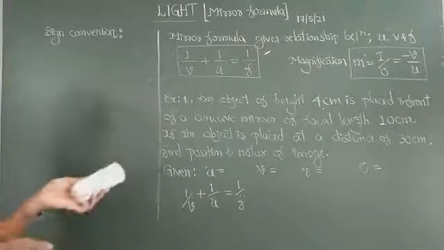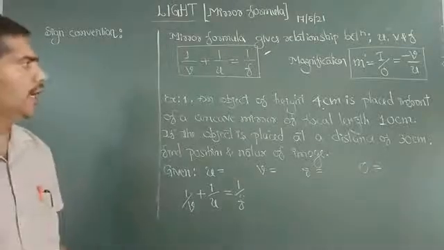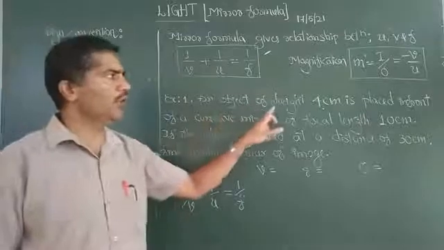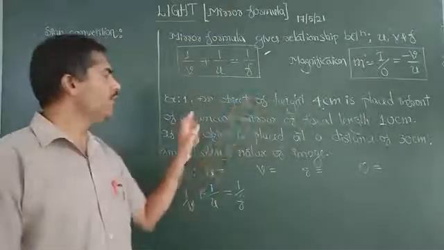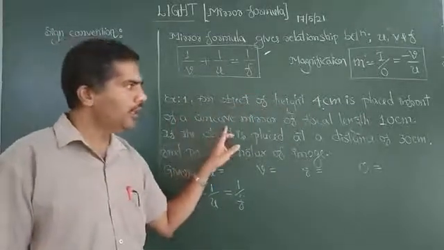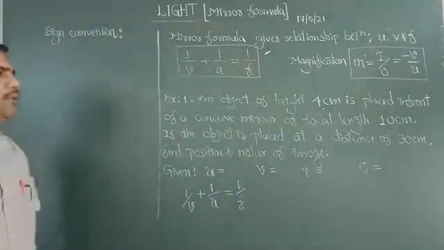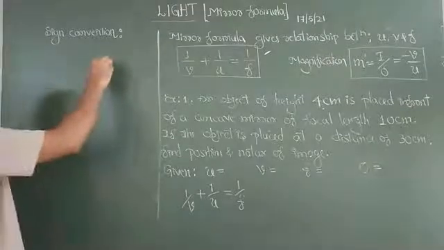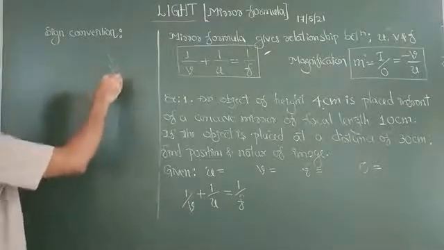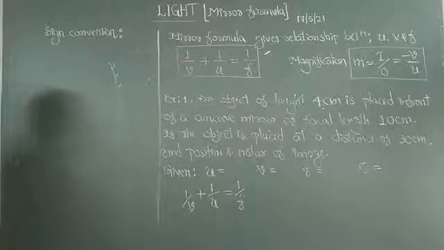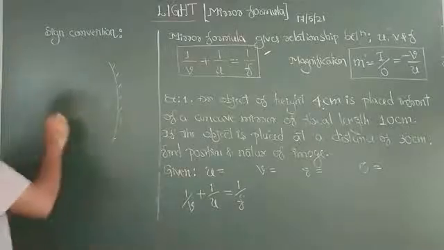Example 1. An object of height 4 cm is placed in front of a concave mirror of focal length 10 cm. In the beginning, you make a rough diagram. There is a concave mirror and an object is placed.